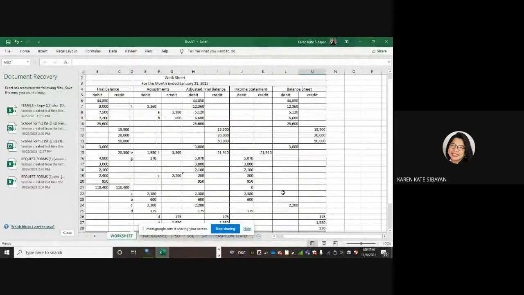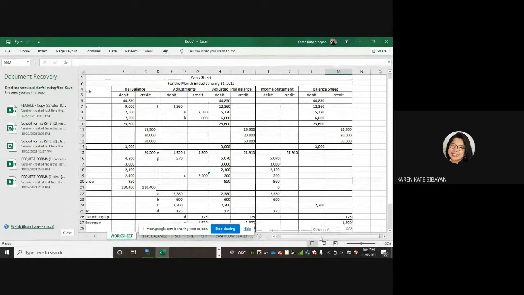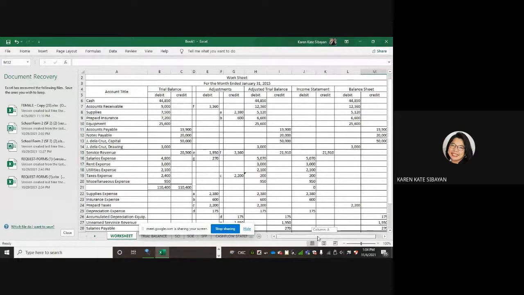So if you're going to look at the working paper or the worksheet, class, what have you observed? Automatically, this is what's in the trial balance. These are the adjustments. So A means this is your first transaction, in your adjusting entry.